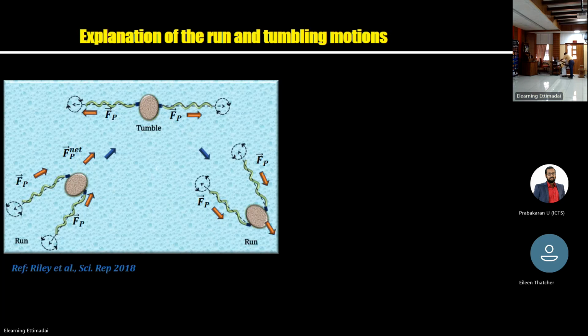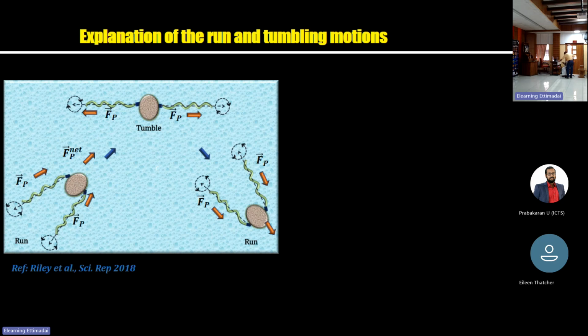Now, in the tumble mode, this propulsive force acts in the opposite direction, and in this direction. In the counterclockwise rotation it is this way, and this is the clockwise direction.